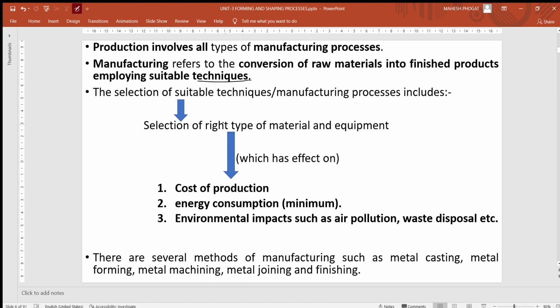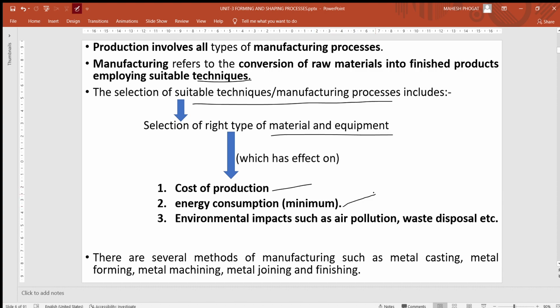Now the question arises of how to select those suitable techniques. The selection includes the selection of material and the equipment. Once you are available with the right kind of material and right kind of equipment, then you can select a suitable manufacturing process, a suitable manufacturing technique. And what points do you need to take care of in selecting the material and equipment? The first is the cost of production.